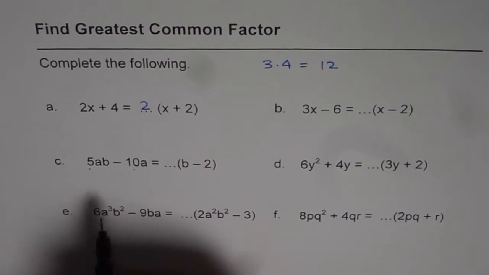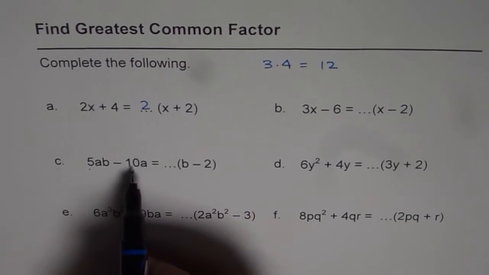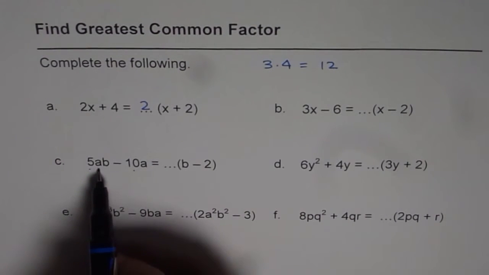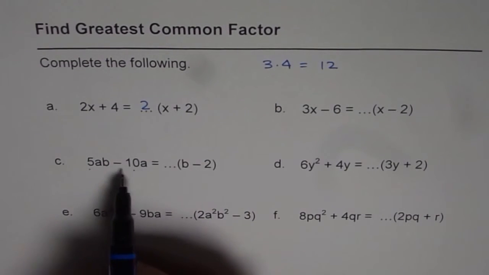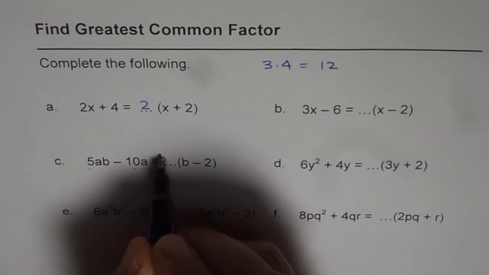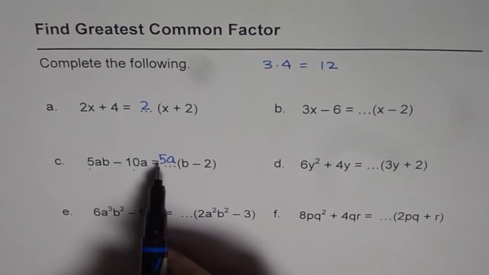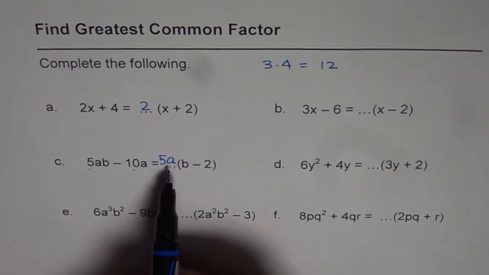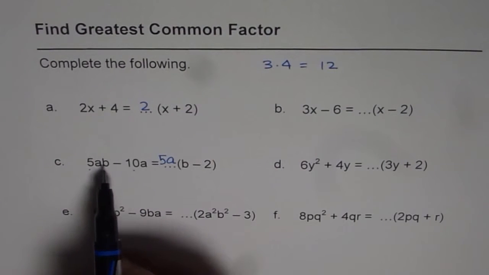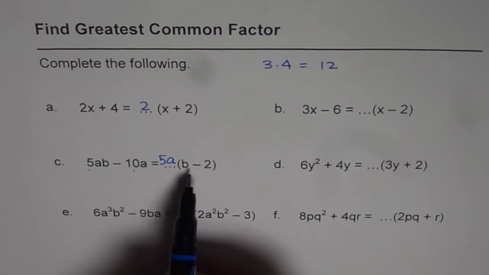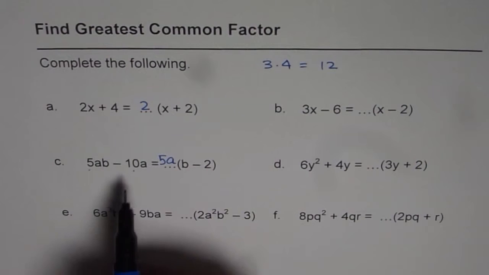5 and 10, 5 is a common factor, 5 times 2 is 10. And a is also a common factor, so the greatest common factor in this case is indeed 5a. If I write 5a here as a common factor, then 5ab divided by 5a is b, so we get that inside the bracket.